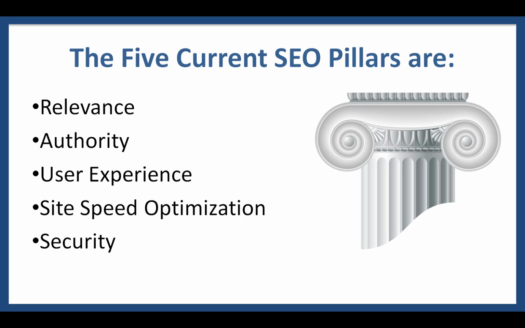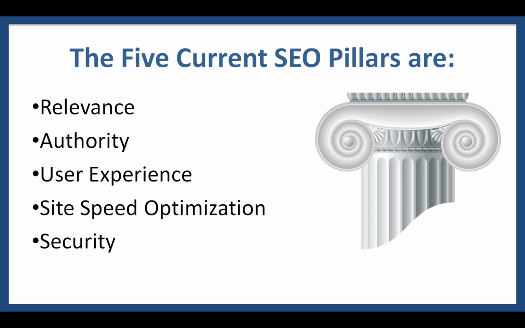It essentially only scanned the title tag, nothing else, and you would get a result based on what you had written in the title tag. For those who don't know, the title tag is a tag in an HTML document. Relevance was the very first pillar of SEO, and what followed was authority.